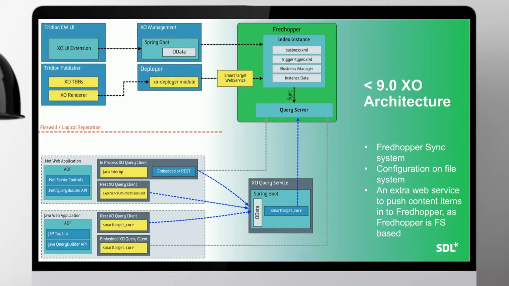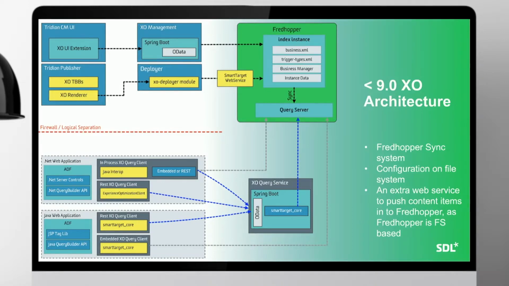way. It was also possible to use the file system for this, but in all the installations I've seen, the Smart Target web service has always been there because it was quite easy or easier to communicate with Fredhopper in that way. So if we then look at the CD side, we basically use in Web 8.5 the EXO query service, which basically abstracts away Fredhopper from your web application.